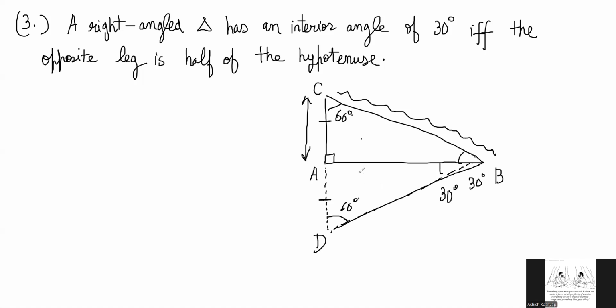Right. So we are getting that CB is twice of AC by congruency. No, we proved by congruency that AC is equal to AD, and then CD is equal to 2AC, and CD was also equal to CB, therefore CB is equal to 2AC. Right.